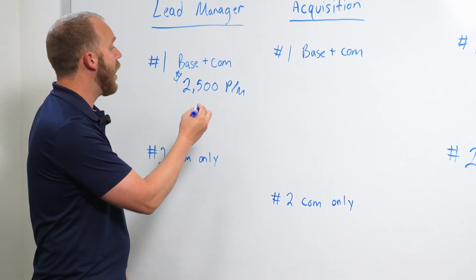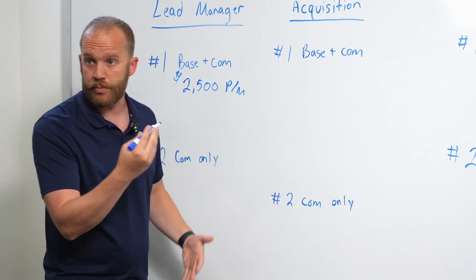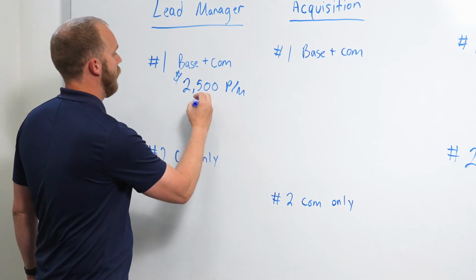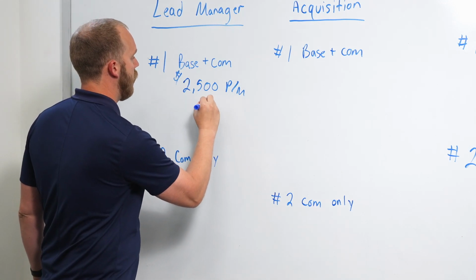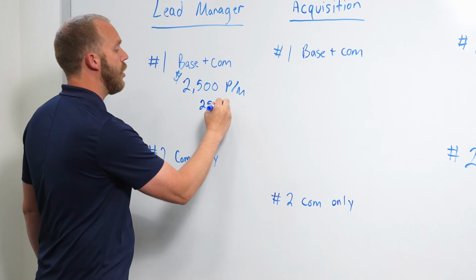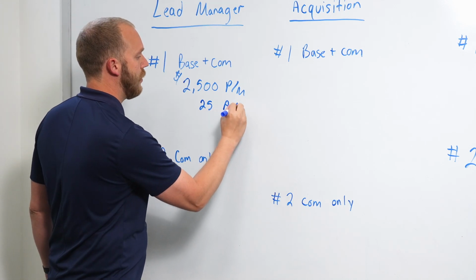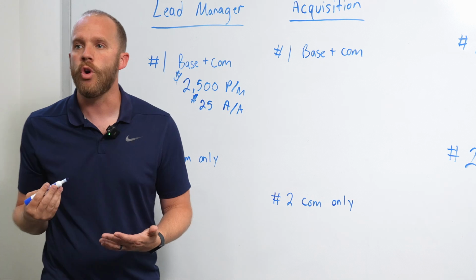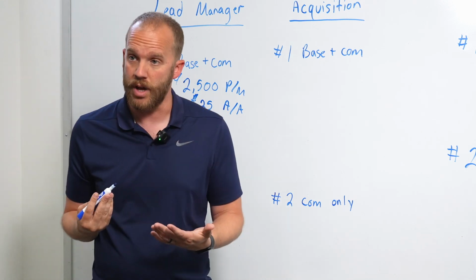So we actually reward them for each appointment that they set that our acquisition people attend. We pay a $25 bonus per appointment attended. Okay? Doesn't seem like a whole lot of money, but that adds up over the month.